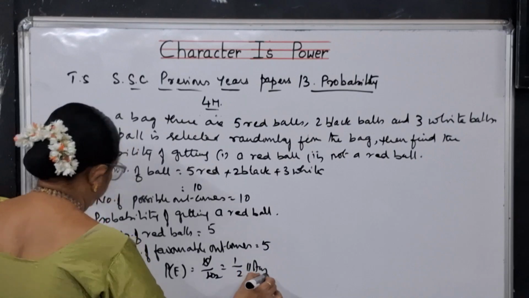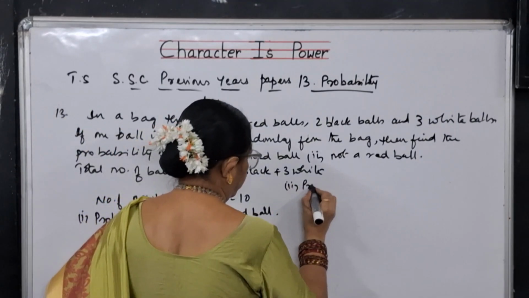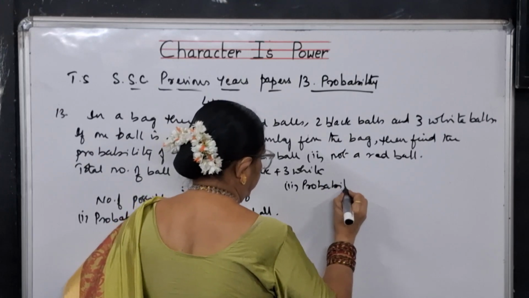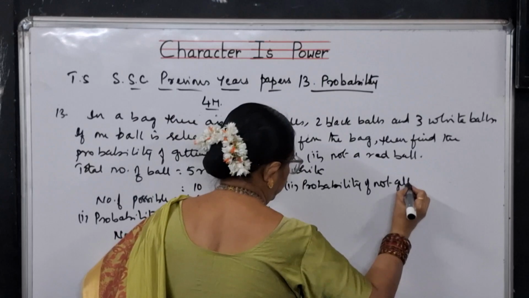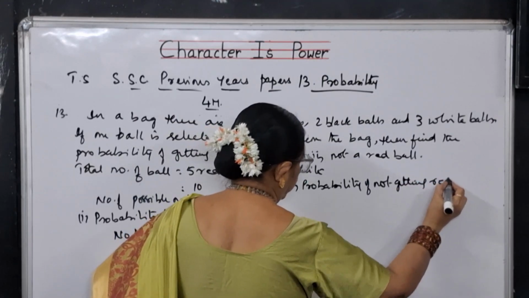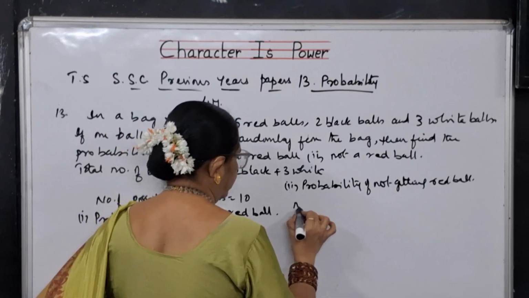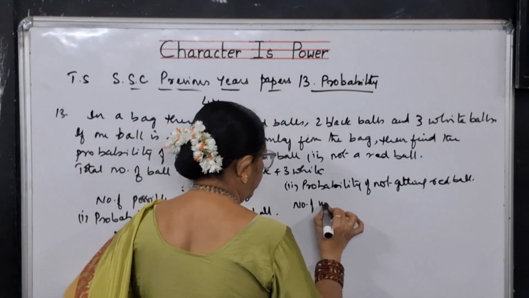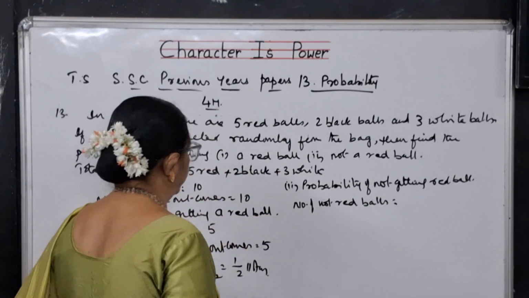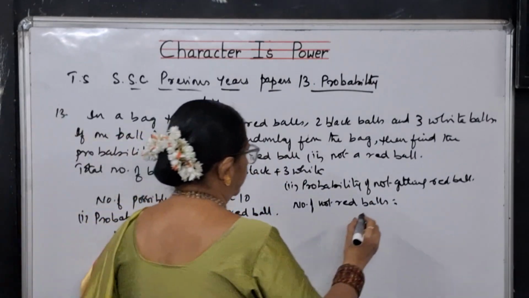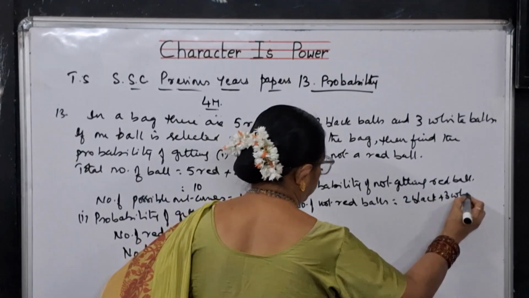This is first bit. Now what is second bit? Probability of not getting red ball. So not getting the red ball means, what are number of not red balls? Apart from red, you have got 2 black plus 3 white.